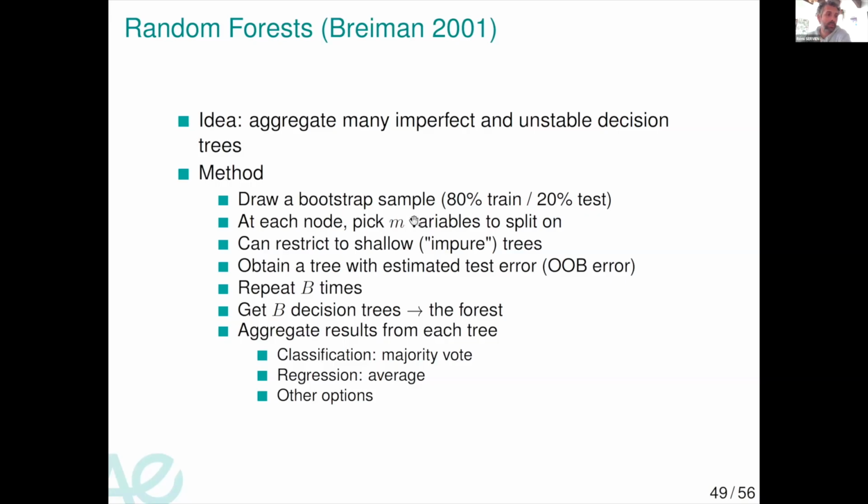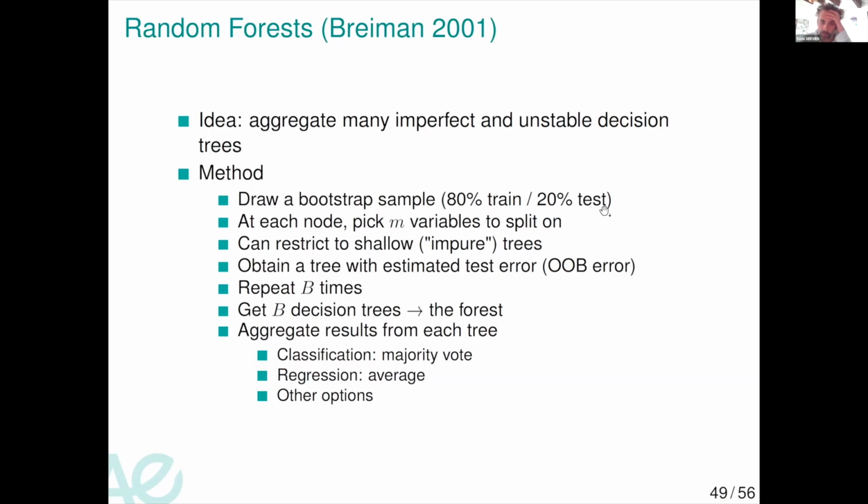So that is to deal with the problem of the decision tree being computationally expensive. You can put some restrictions, but I won't give details on that. And so at the end you will obtain one tree with an estimated test error on this 20% dataset. That is called the out-of-bag, OOB, error.